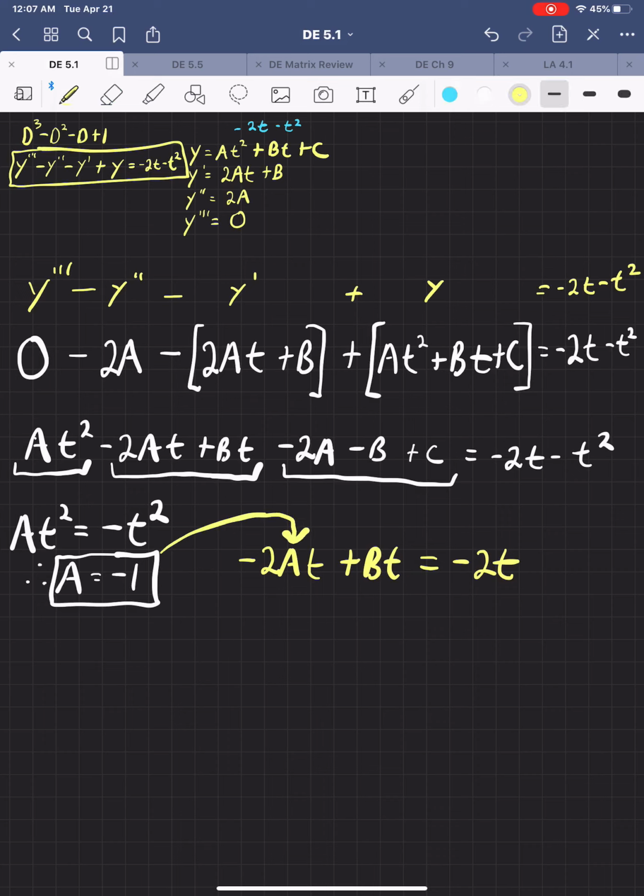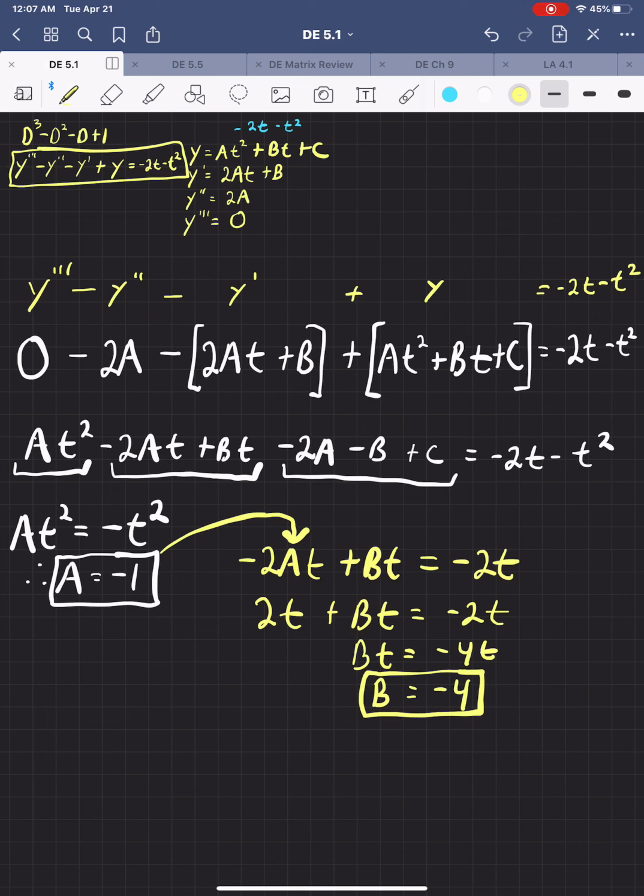A is equal to negative 1. So I have negative 2 times negative 1, so I have a positive 2t plus bt is equal to negative 2t. Okay, so subtract 2t from both sides. bt is equal to negative 4t, and that means that b is going to be equal to negative 4.